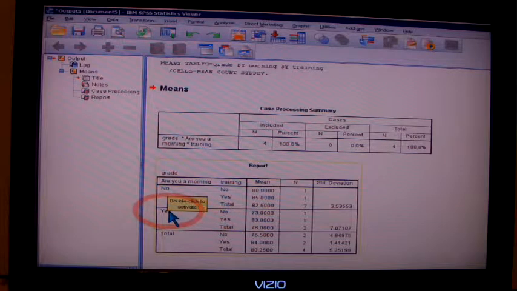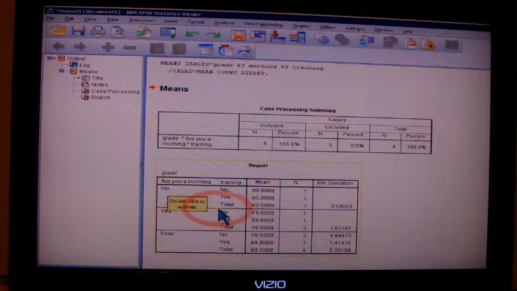So that's how you read that. You know, you're a morning person, yes, and did you attend training? No, and the mean score is 73.000, but again, it was just one participant. And are you a morning person? Yes. Did you attend training? Yes. And then the mean there is 83.000 with one participant.